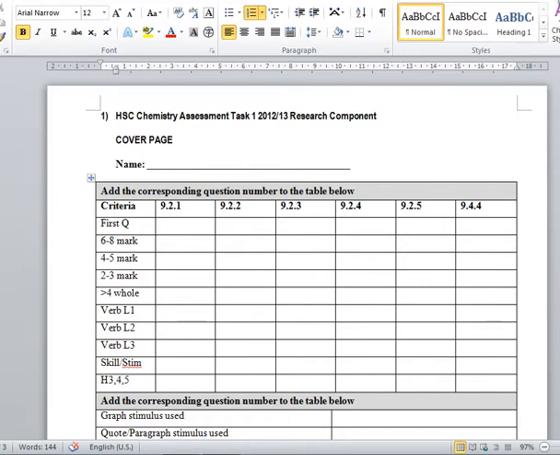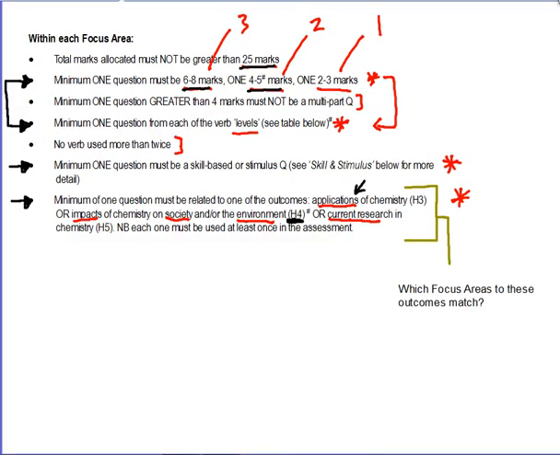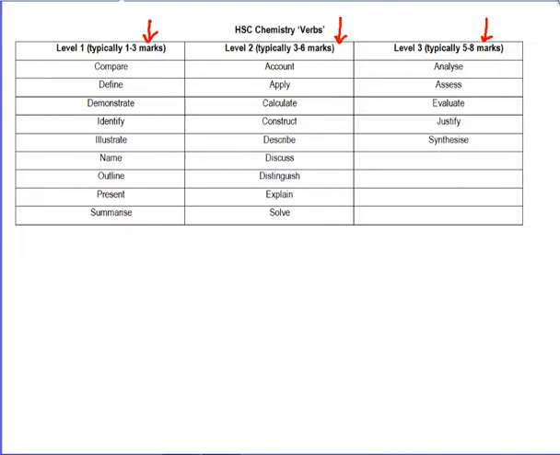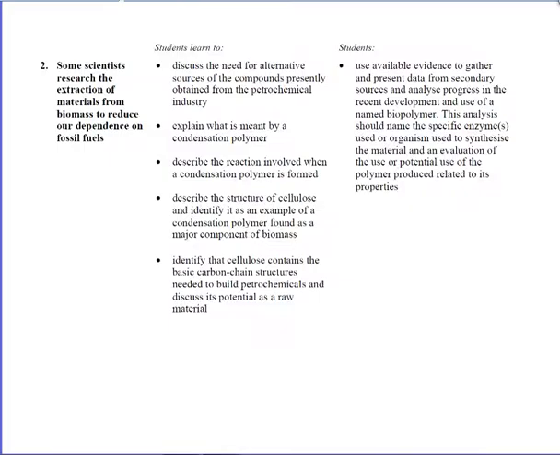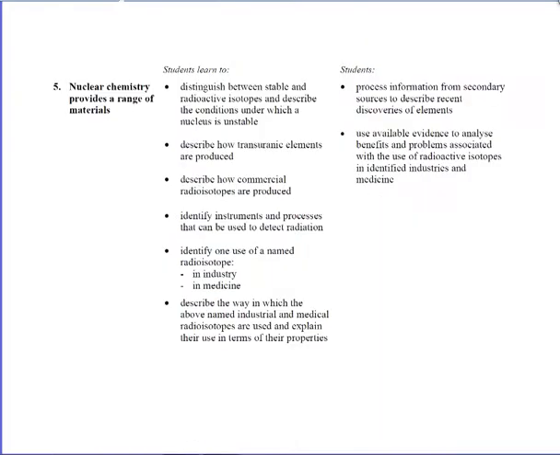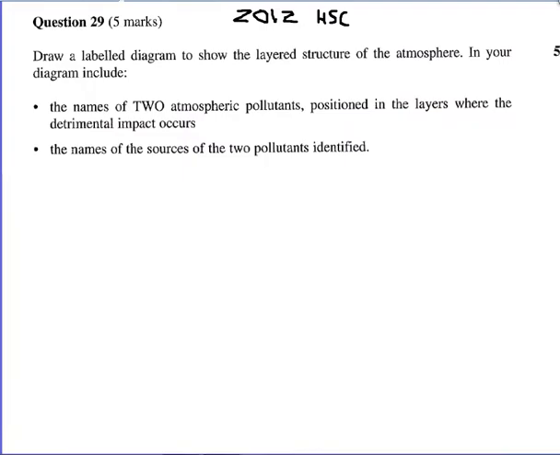What are some other questions we could use? Let's have a look. Let's go back to our syllabus. I've got an extra page in here which I probably should have talked about earlier, that this was a question from the 2012 HSC paper. Obviously we can't use it in our assessment tasks, we can't use HSC questions, but it was to draw a labelled diagram showing the layered structure of the atmosphere, and in your diagram name 2 atmospheric pollutants, position the layers where the detrimental impact occurs, and the sources of the pollutants.